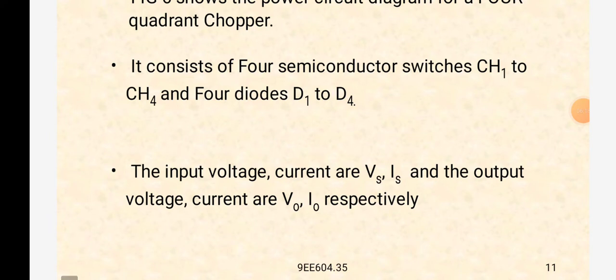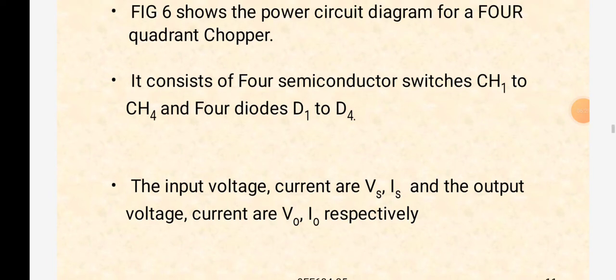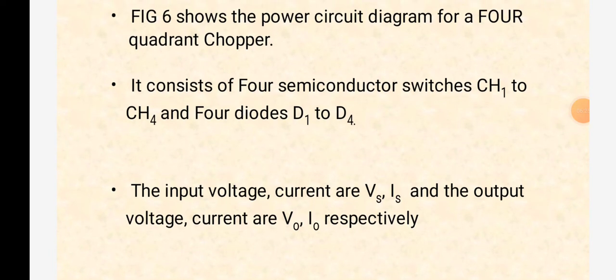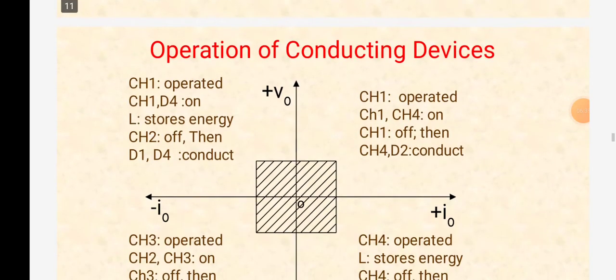Here the input voltage and current are Vs and Is. Vs is the input voltage and Is is the input current, and the output voltage and current are V0 and I0. V0 is output voltage, I0 is the output current.